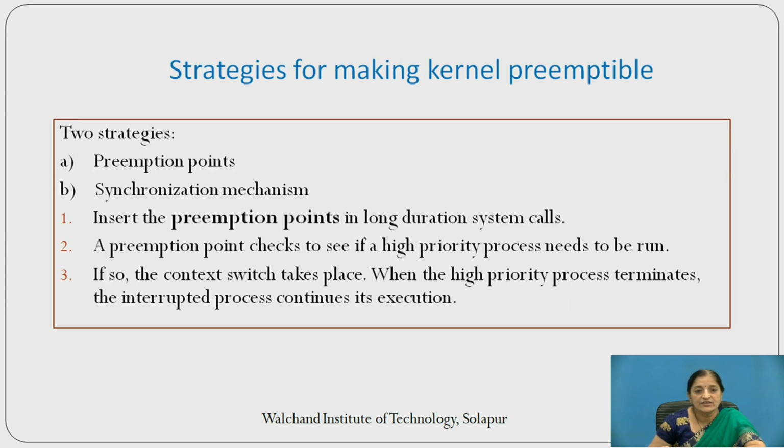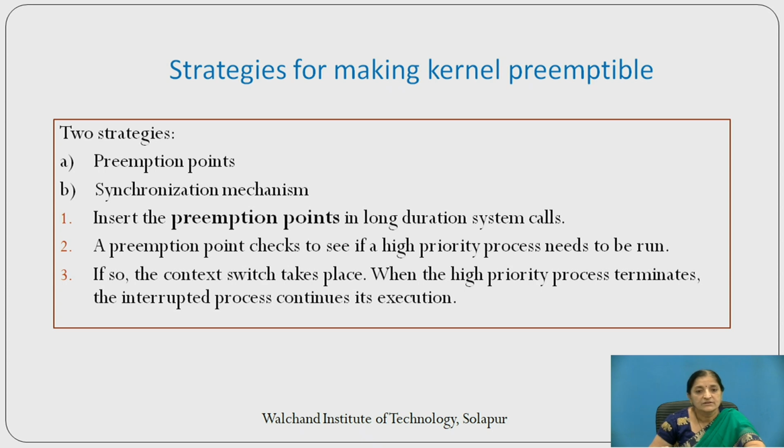Now let's see the strategies for making kernel preemptible. So there are two strategies. First one is use of preemption points. Second one is synchronization mechanism. Now let's see the first strategy, that is preemption points. So insert the preemption points in the long duration system calls. A preemption point checks to see if a high priority process needs to be run.